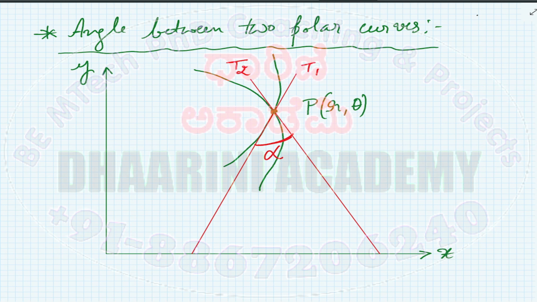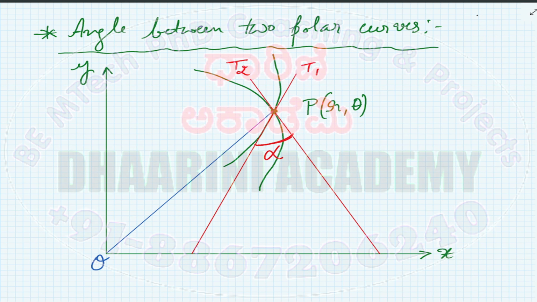Let's try to connect the coordinate origin, which I denote as O, with the point P first, because that's the radius vector. Why I'm doing this is because I already know some concept using which I can extend the same concept to find out this alpha.